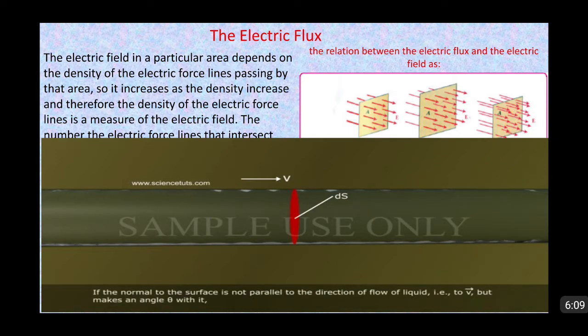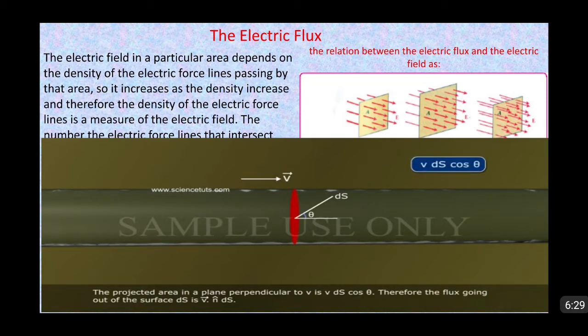If the normal to the surface is not parallel to the direction of flow of liquid, that is, to v bar, but makes an angle theta with it, the projected area in a plane perpendicular to v is v ds cos theta.